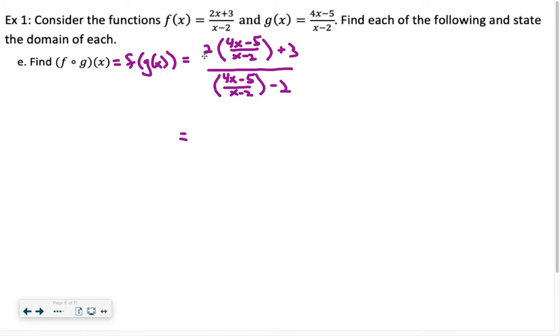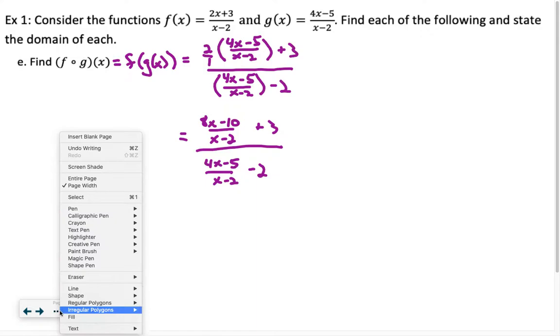Now, this is really like 2 over 1. Okay? So when I'm multiplying this 2, I'm only multiplying it to the numerator. So this would become 8x minus 10 over x minus 2 plus 3 over 4x minus 5 over x minus 2 minus 2.